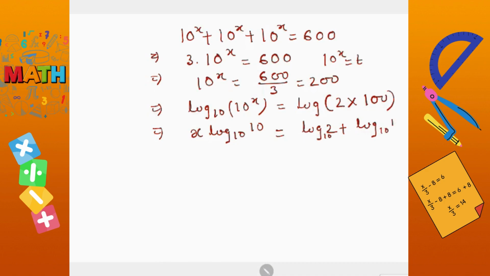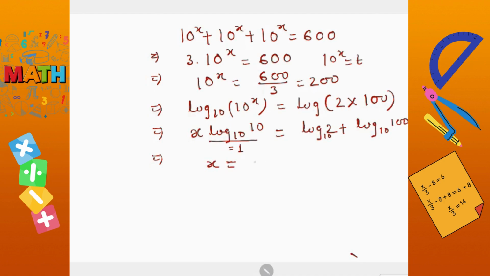Okay, so we know by log property when the base and this number are the same, then this value becomes 1, so this becomes x, and that is why we have taken a log on both the sides.